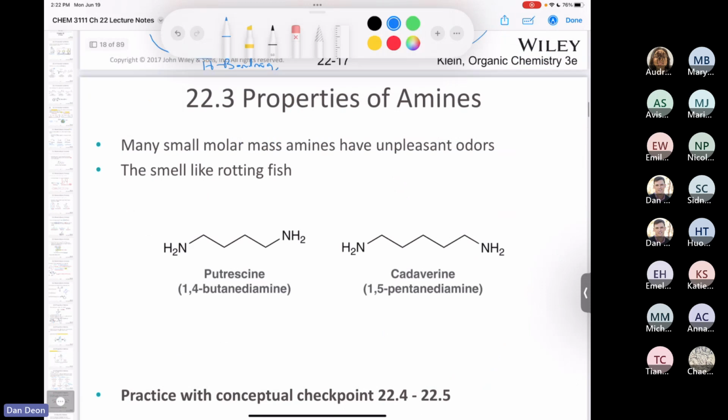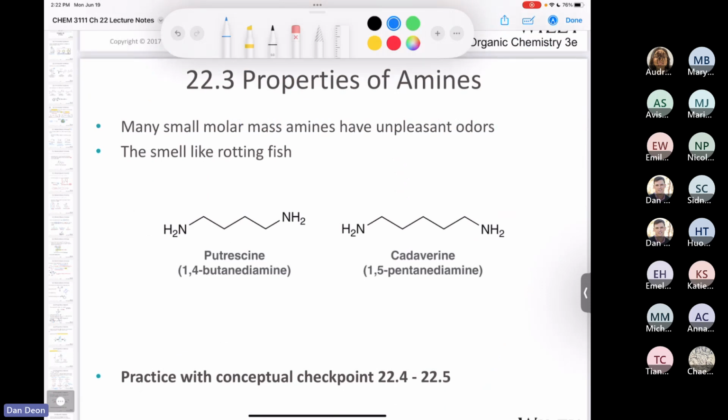All right. What else? It says many small molar mass amines have unpleasant odors, like methylamine, for example, or trimethylamine. Those smell like rotten fish. We talked about trimethylamine earlier, it has a very fishy odor.